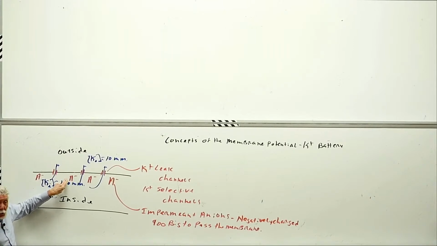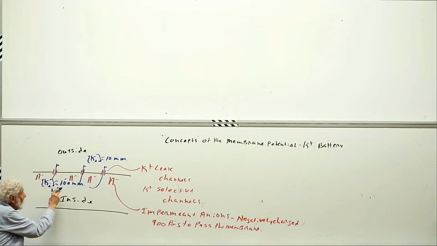So conceptually, as the potassium flows down its concentration gradient, it reaches a point where the large negative anions are placing a brake. The electromagnetic fields on the large negative anions and the potassium ions are offsetting one another, and now these potassium ions are being held in place. Their movement is being held in check.